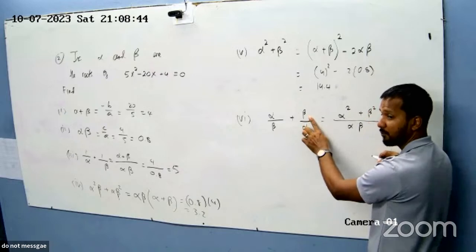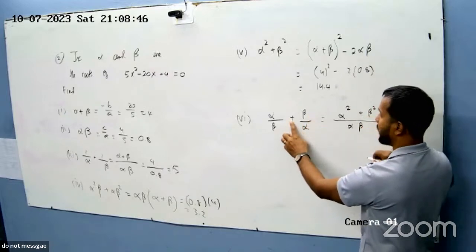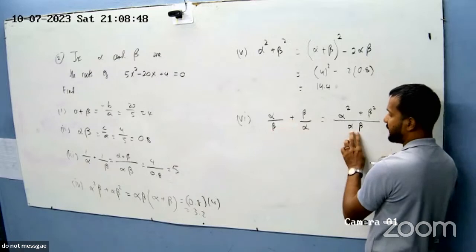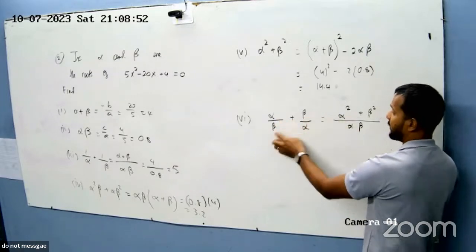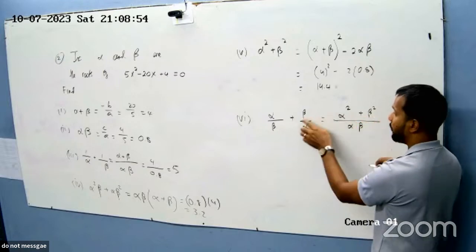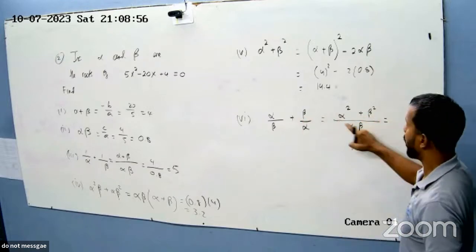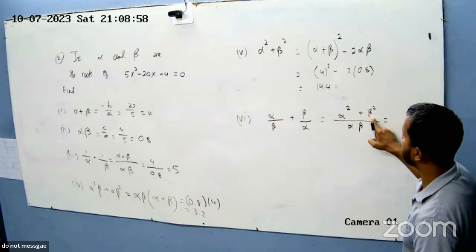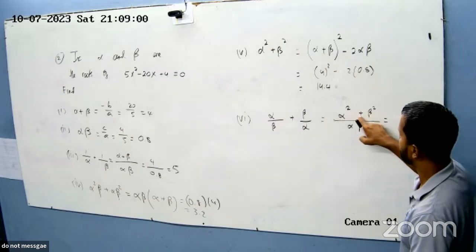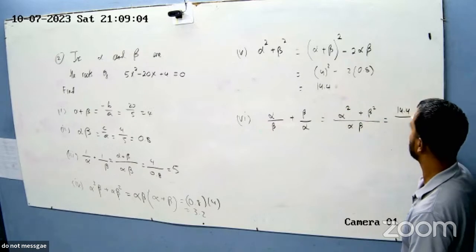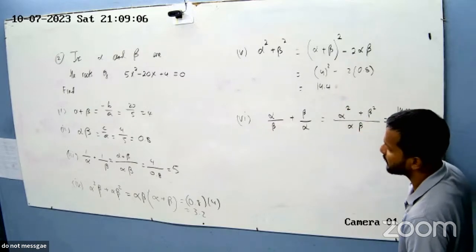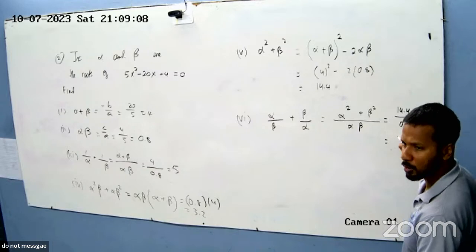And then you put the plus sign in the middle. We already know what alpha squared plus beta squared is. Alpha squared plus beta squared is 14.4. Alpha by beta is 0.8 and you've got 18.